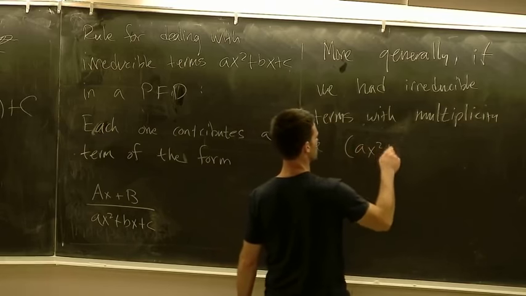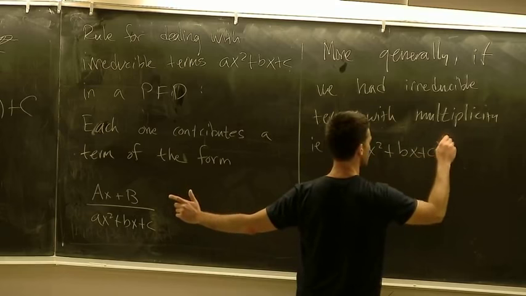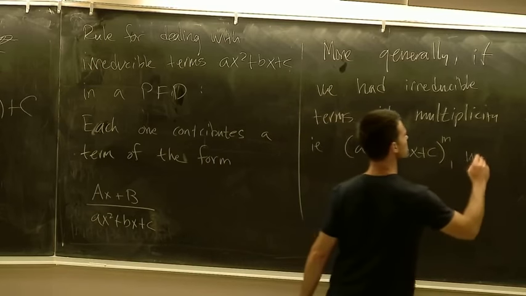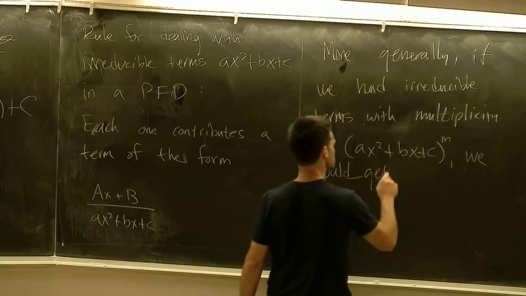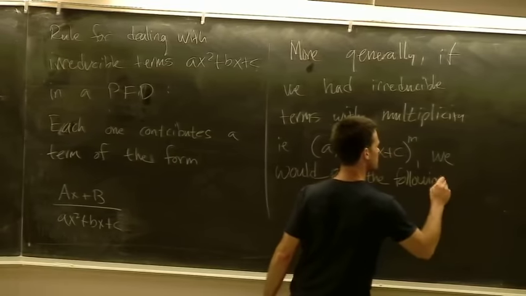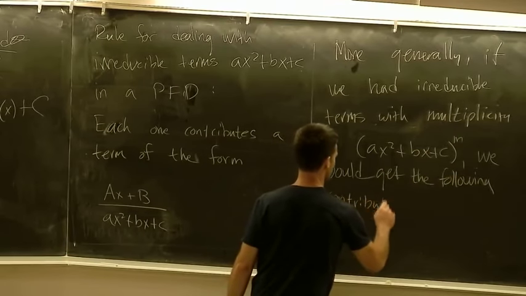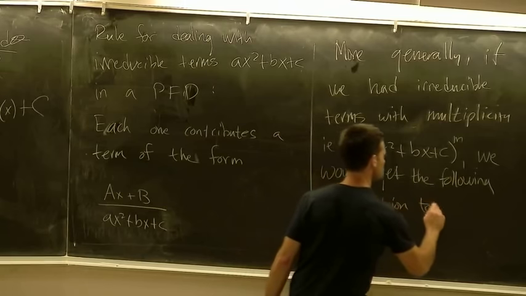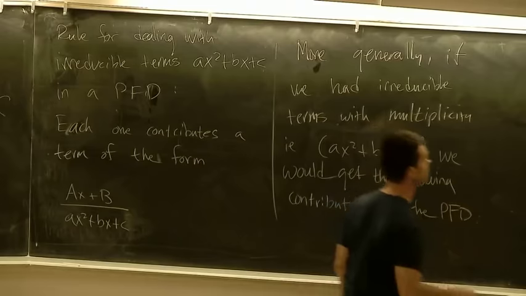So that would be something like this, but to a power higher than 1, let's say to the m. Then we would get the following contribution to the partial fraction decomposition.